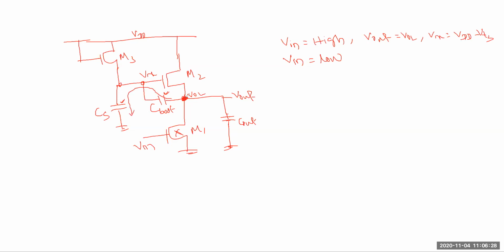Initially it was V1, now if it increases, there is a path in this way, so a transient current will flow in this path.